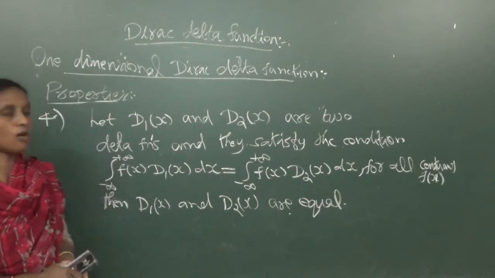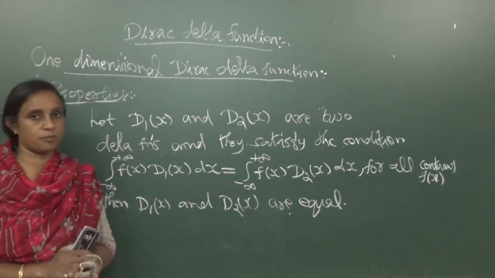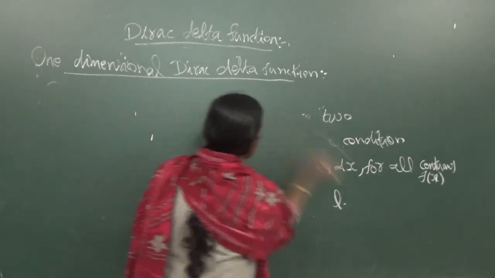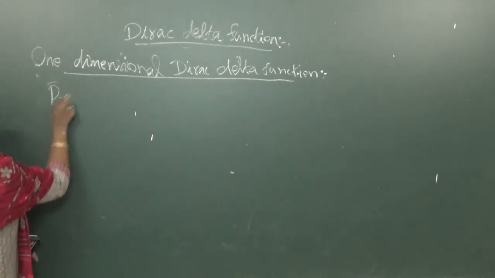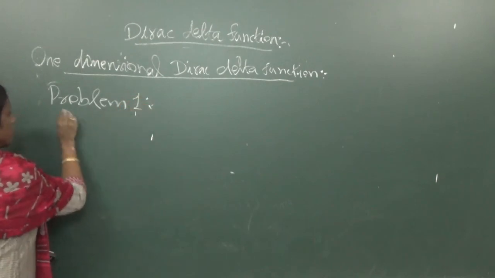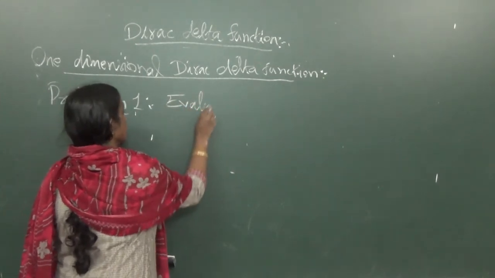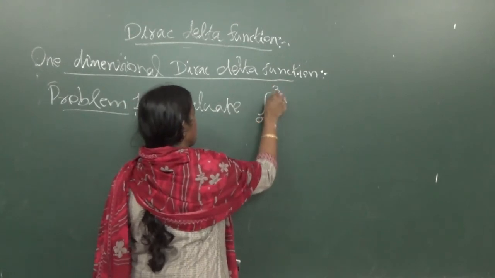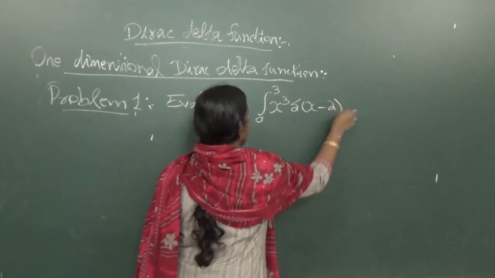Okay. Now, I think we can do a small problem just to confirm that we get the concept. Problem 1. Okay. Evaluate integral 0 to 3 x cube del of x minus 2 dx.